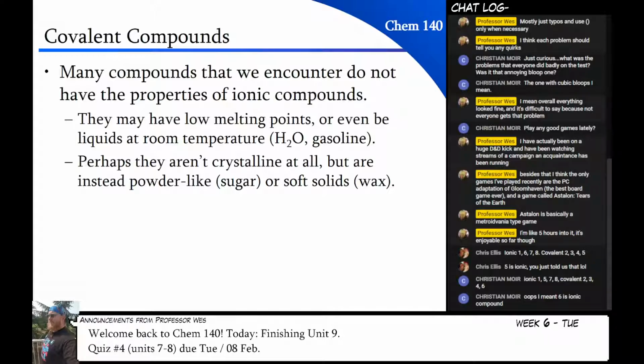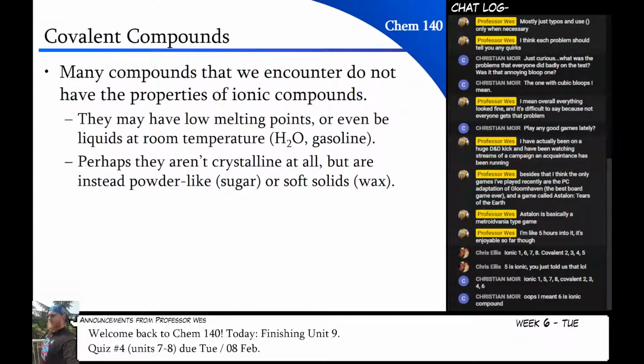Those are all examples of covalent compounds. They have very low melting and boiling points. The gases that we are breathing, like oxygen and nitrogen and water vapor and carbon dioxide gas, are all covalent compounds.